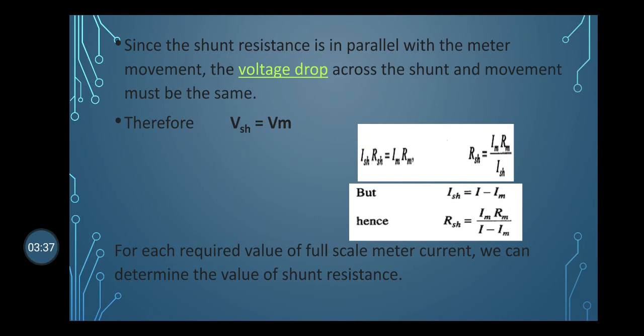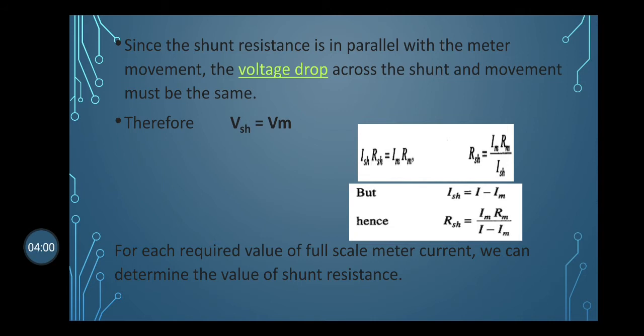Now, the value of shunt resistance can be calculated as follows. Since the shunt resistance is in parallel with the meter movement, the voltage drop across the shunt and across the meter movement will be the same, that is Vsh will be equal to Vm.